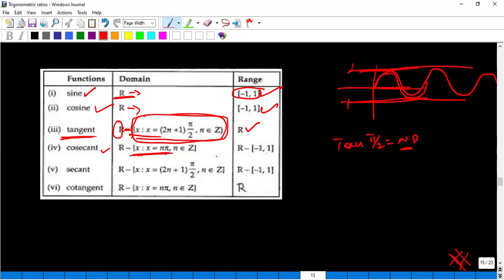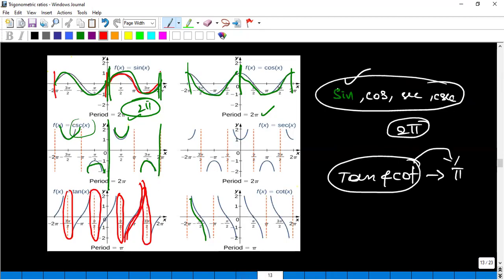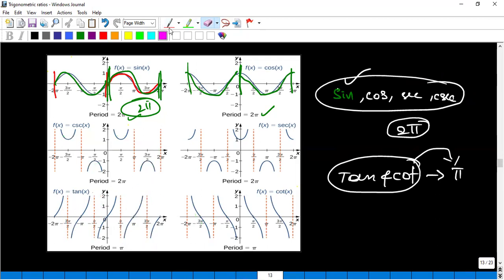Then what do you tell about cosecant? See the cosecant diagram, the graph, just remember the graph. We are having the curve over here, over here, over here, over here. But we are not getting any curve in this particular range.